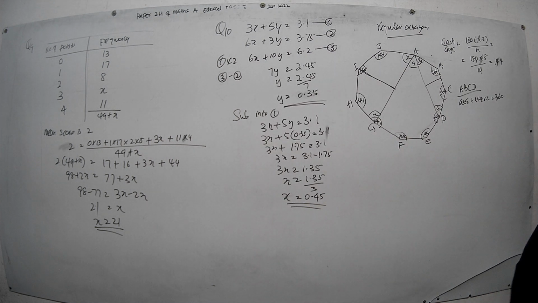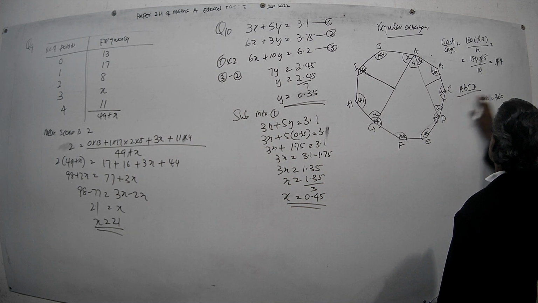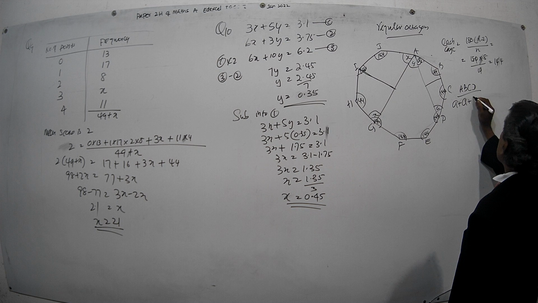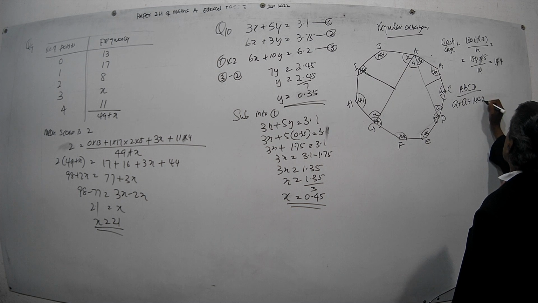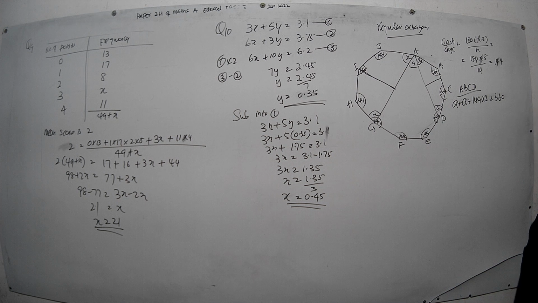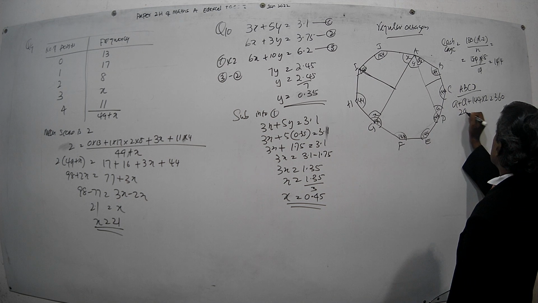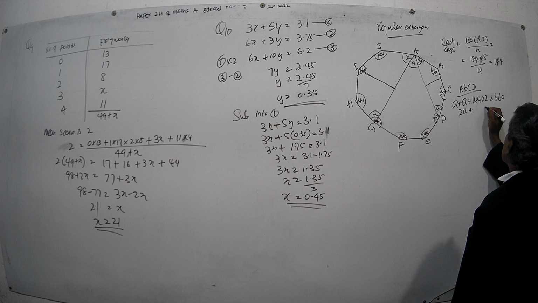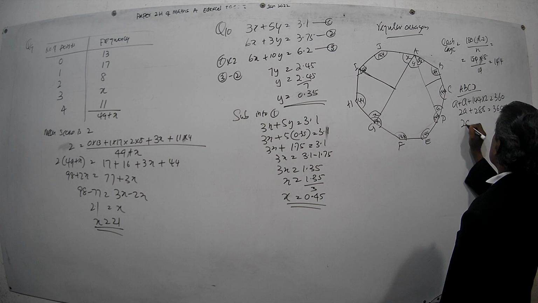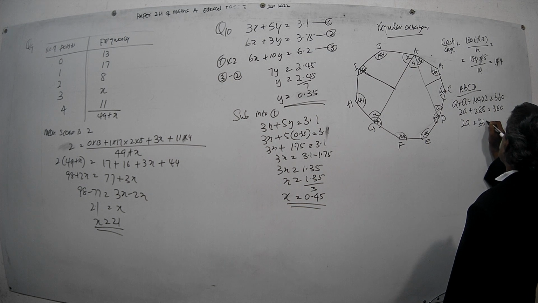Now simplify: 2a plus 2 times 144, that is 288, equals 360. Then 2a equals 360 minus 288.